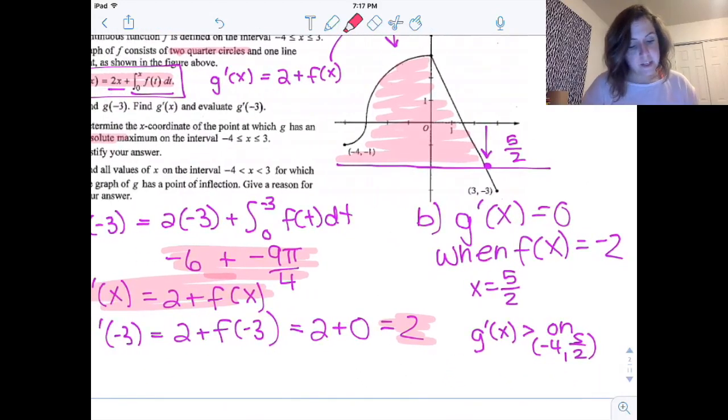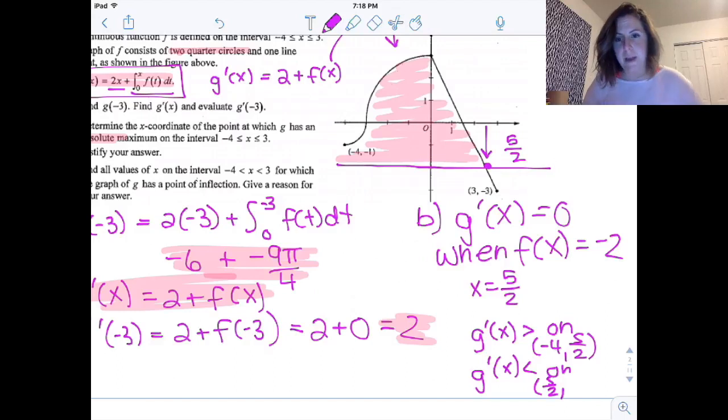And I know that G prime of x will be negative on 5 over 2 to, what's my upper bound here? 3, right? 3 is where I stop. And so because of that, that's how I can justify that this will have an absolute max. Because I know that it's going to be positive anywhere to the left of that, and negative anywhere to the right of that. Again, that one's tricky.